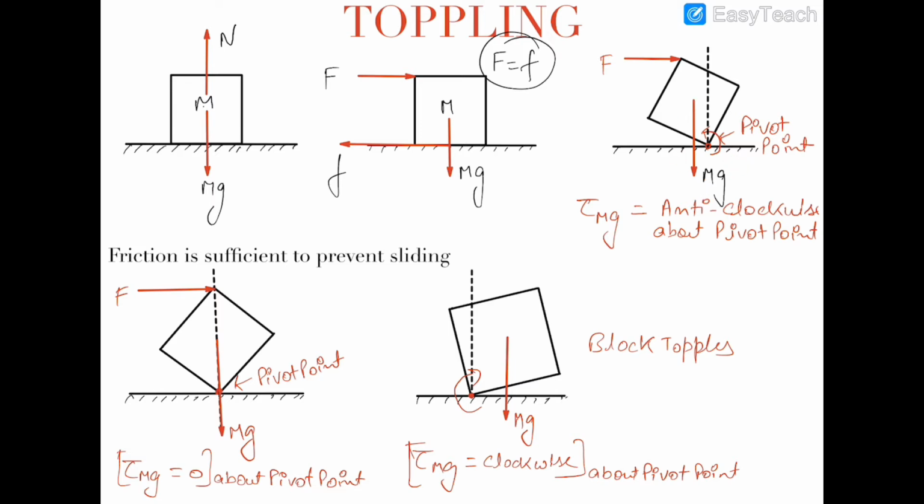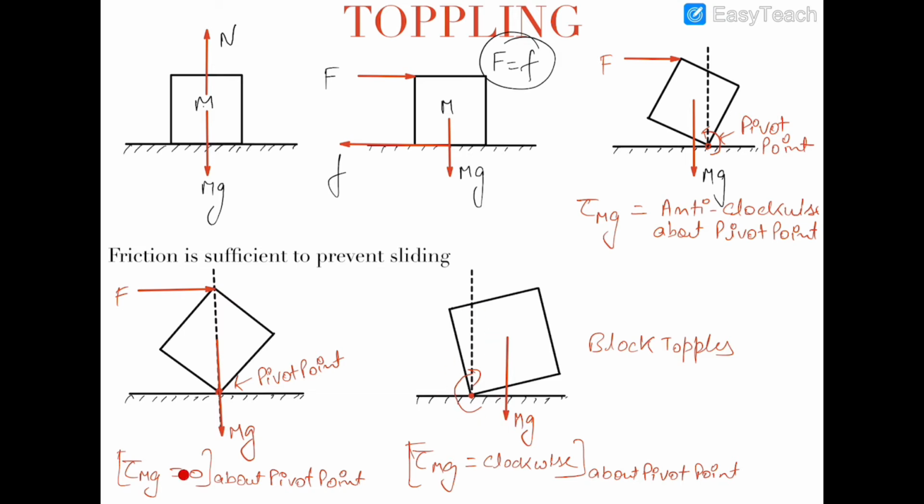But if we continue to apply this force F on the top point of the block, and the block continues to topple, then at the time when mg crosses this line and comes on the right hand side of the line, there is no requirement of F to topple the block, and mg will alone topple this block in the clockwise direction.